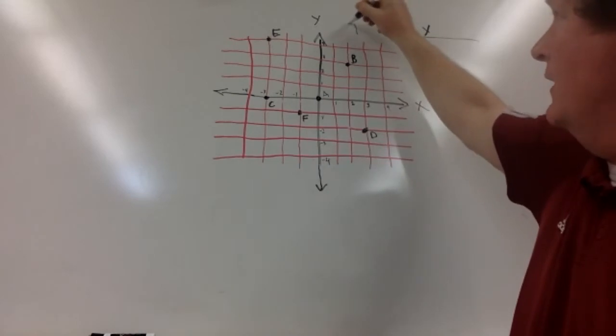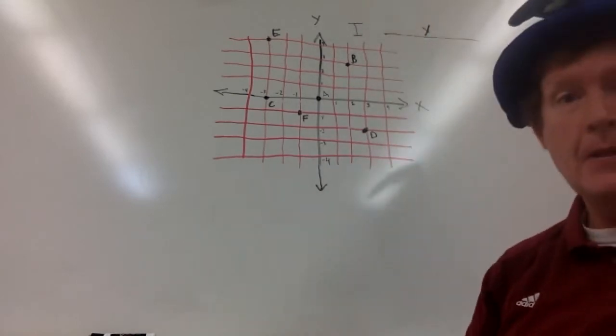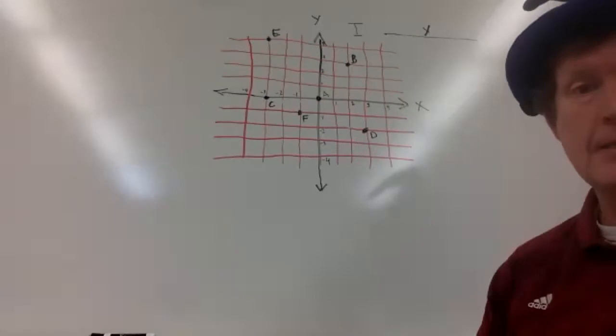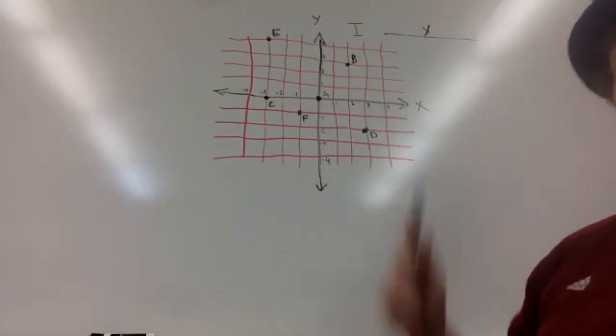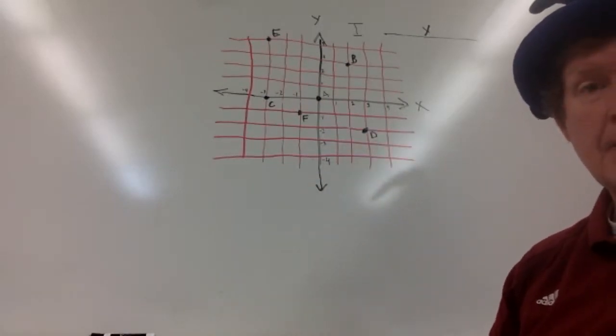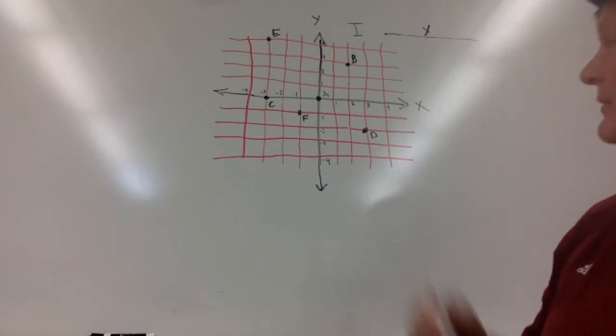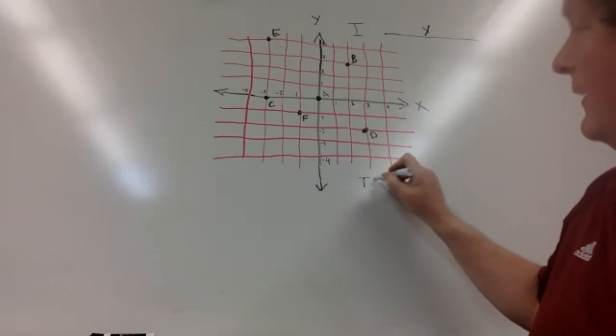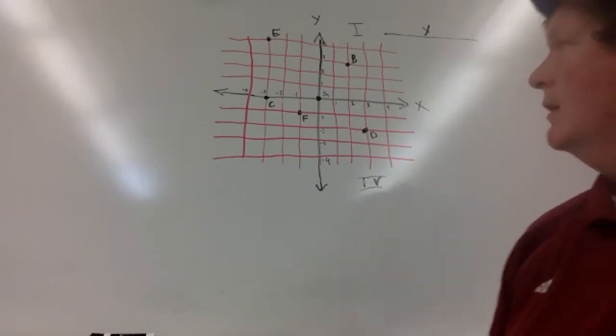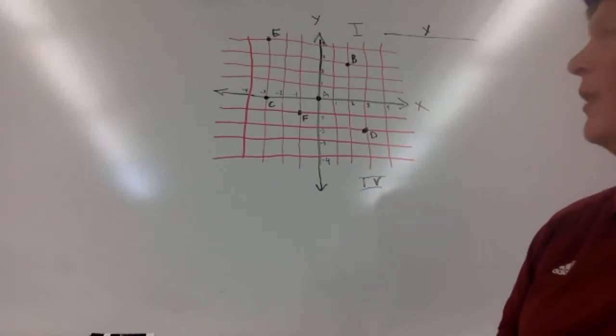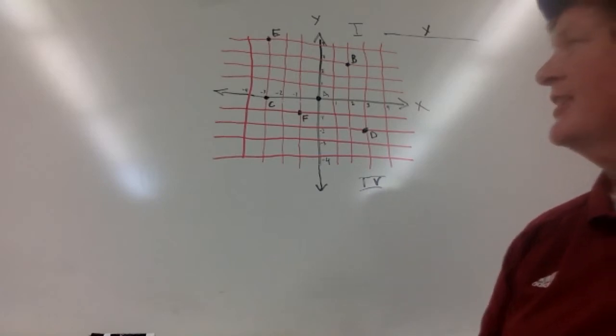This one is 1. Letter D is right here. 4. 4 is correct. Okay, this is quadrant 4 here.